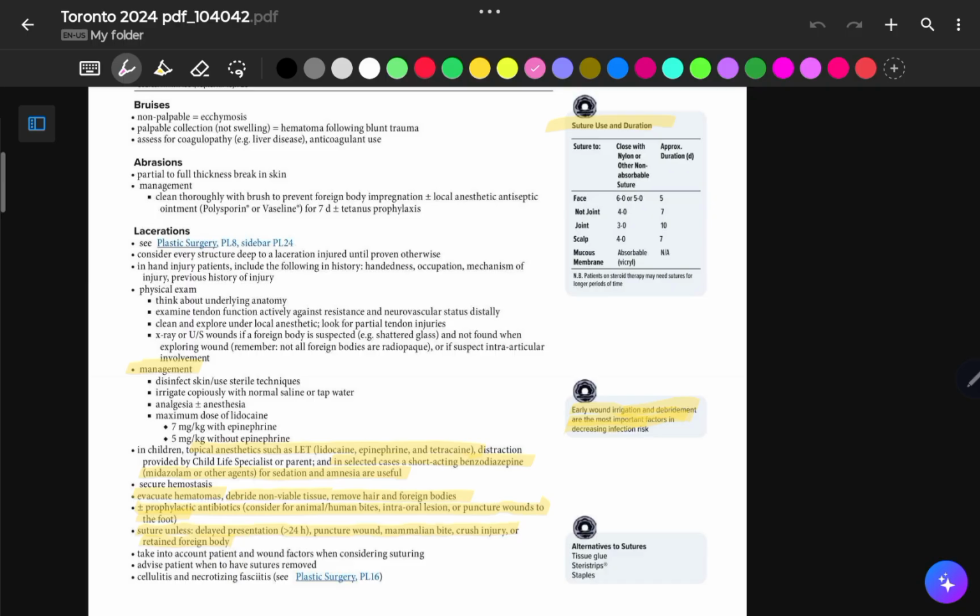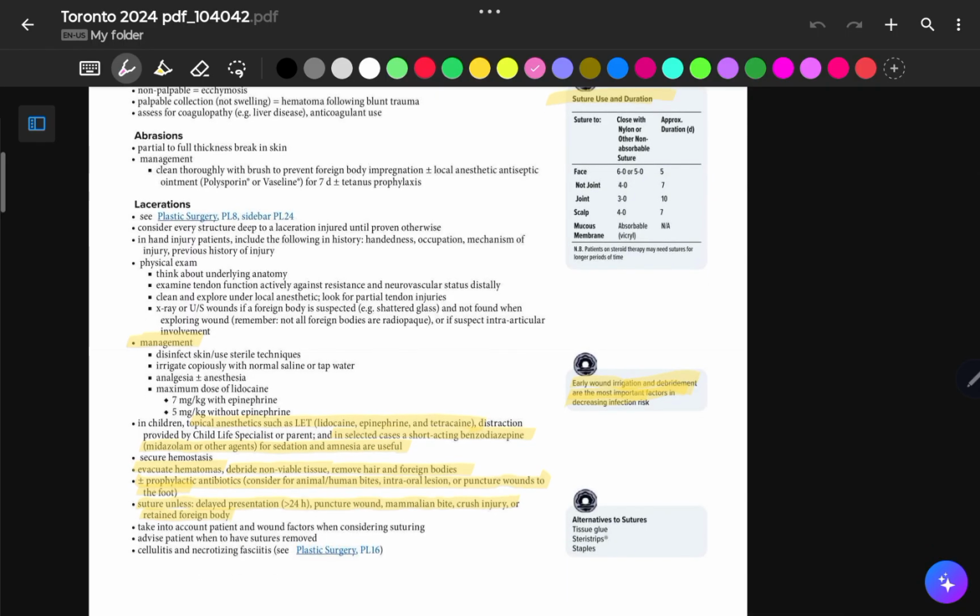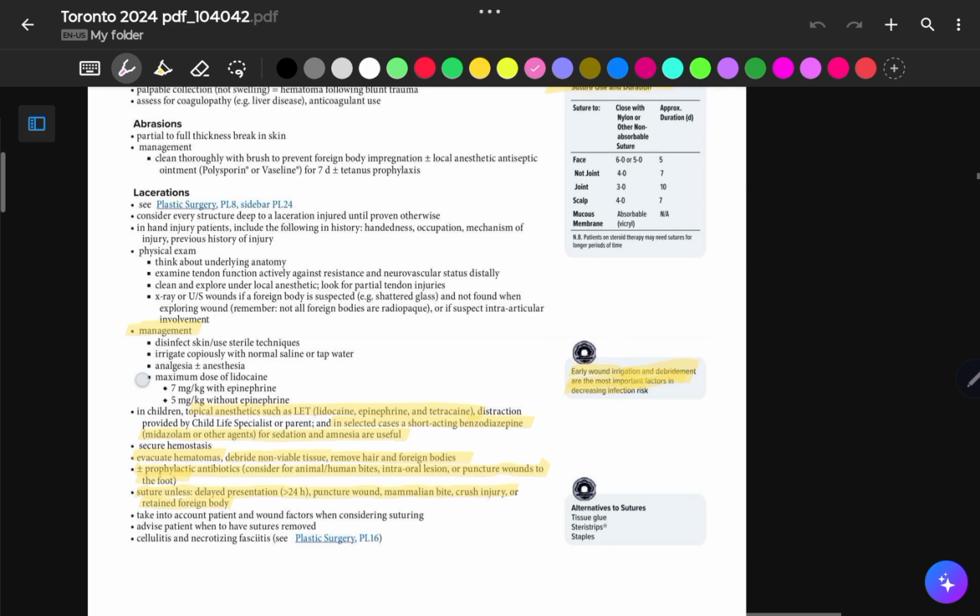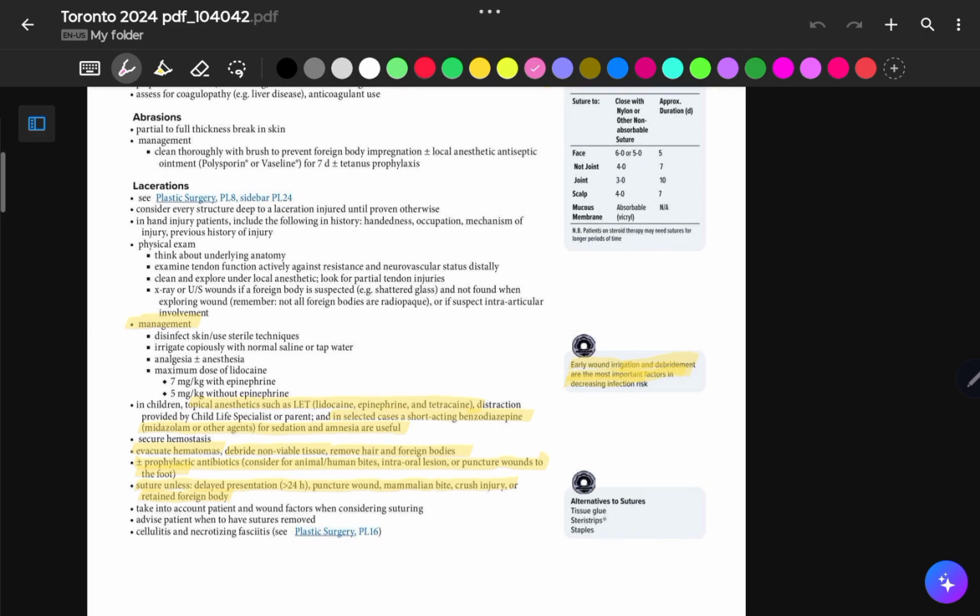So, how would you manage a laceration? After you have properly examined it, you want to disinfect the skin and use sterile techniques. You want to irrigate with normal saline or tap water. You want to give this patient analgesia and anesthesia if possible.